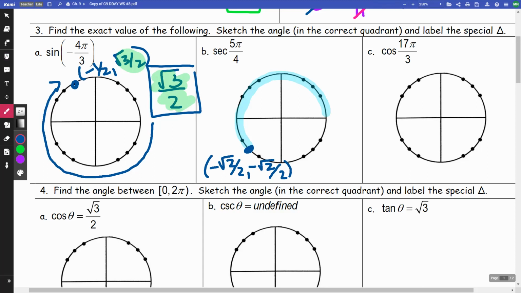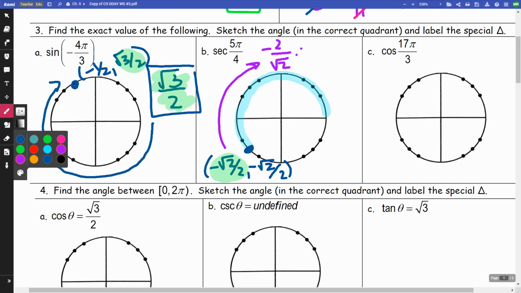Secant is the reciprocal of cosine. So I'm going to be looking at my cosine, and so it's going to be the reciprocal of this. So I am going to have the reciprocal of this, which is going to be negative 2 over root 2.